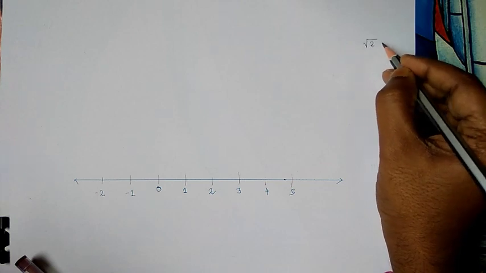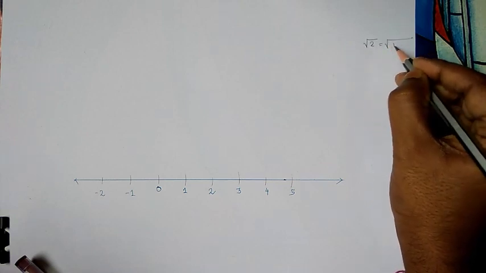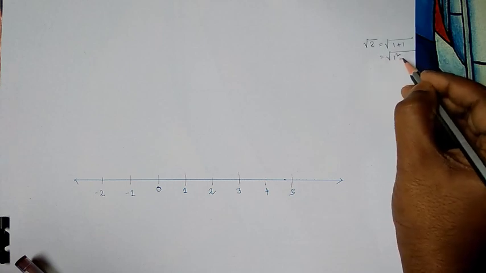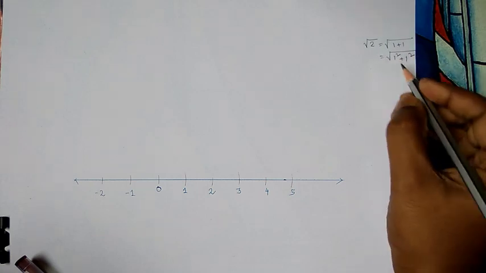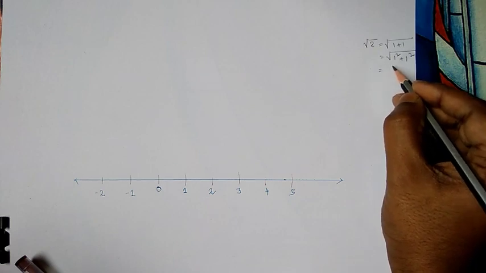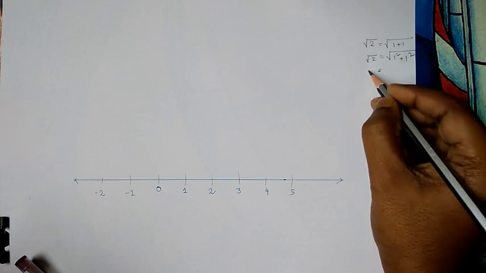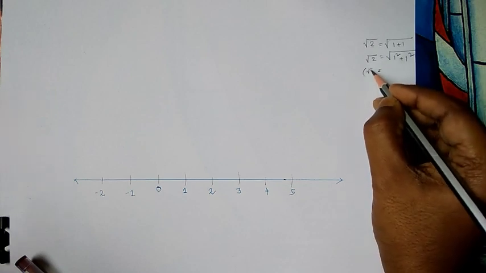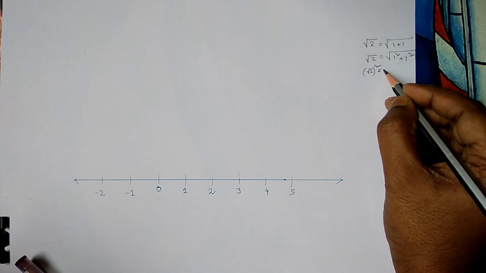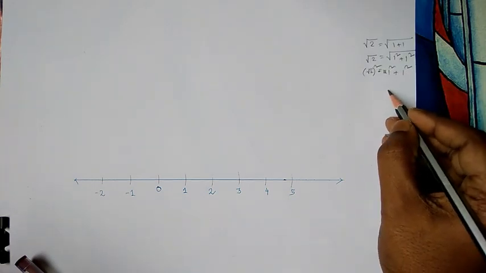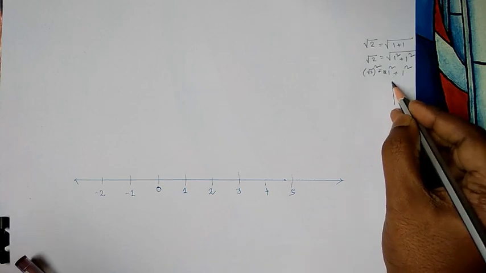Root 2. Root 2 means what? Root over 1 plus 1, you can write here 1 square plus 1 square, right? So root 2 whole square equals 1 square plus 1 square, it means your figure will be like this.